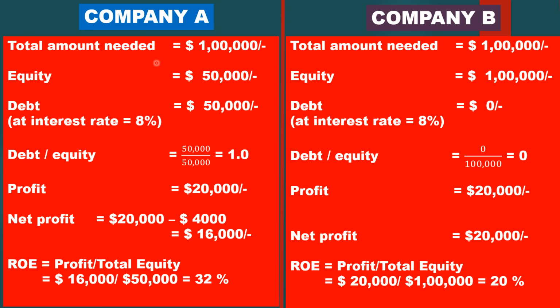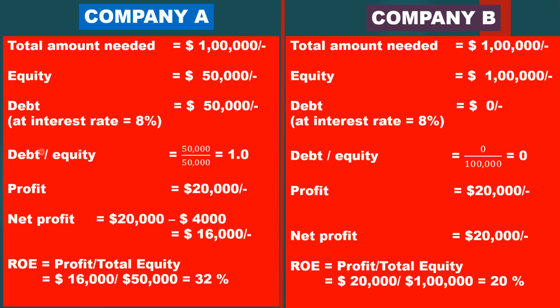Company A needed 1 lakh rupees, and they obtained through equity 50,000, and they borrowed from bank at interest rate, debt 50,000. Okay, see company B, let us compare side by side. The company also needs 1 lakh rupees, but they collect all the money through equity shares, 1 lakh. So now here debt equal to 0. This company B has 0 debt.